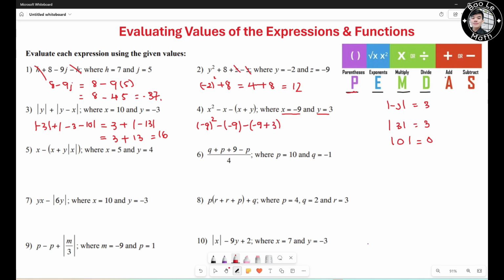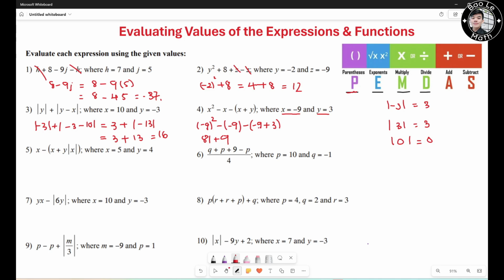Now we need to deal with parentheses first, and inside the parentheses we have the exponent. So negative 9 squared equals 81. Two negative signs next to each other turn out to be positive, so this one is plus 9.